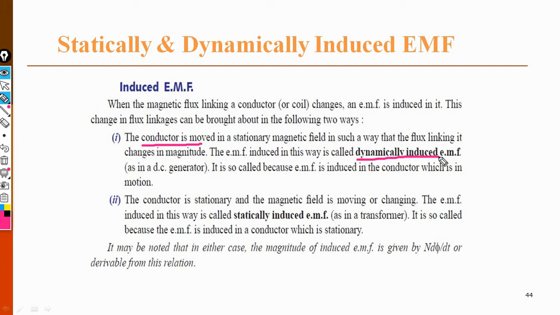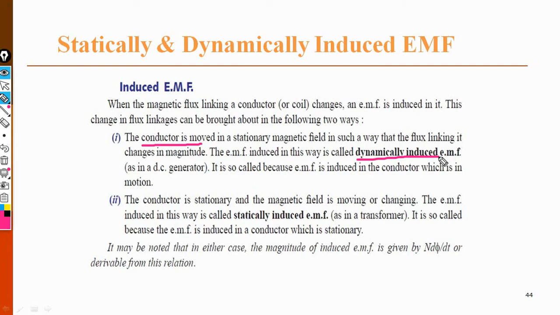At that instant the conductor is moving, and the magnetic flux is linking with the moving conductor with a stationary magnetic field. Flux linking takes place and changes in magnitude, and the EMF gets induced in the conductor when the conductor is in moving position.